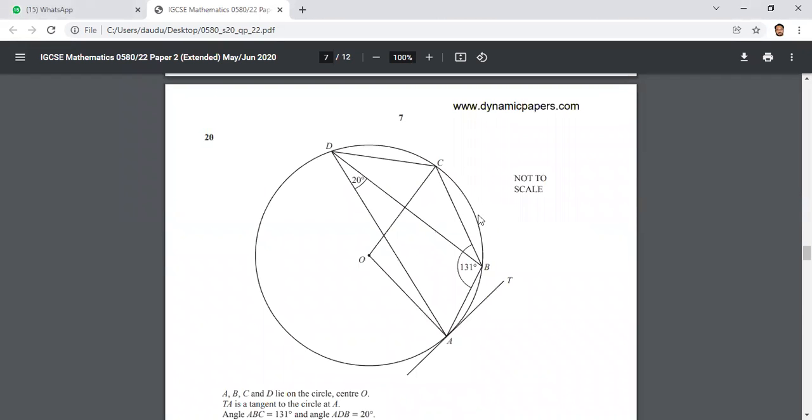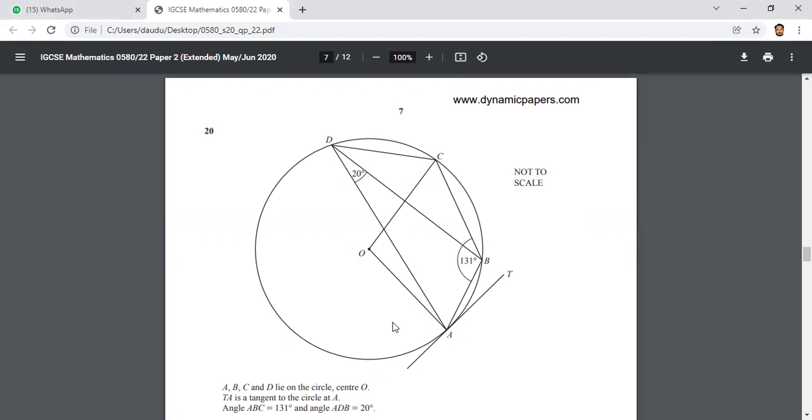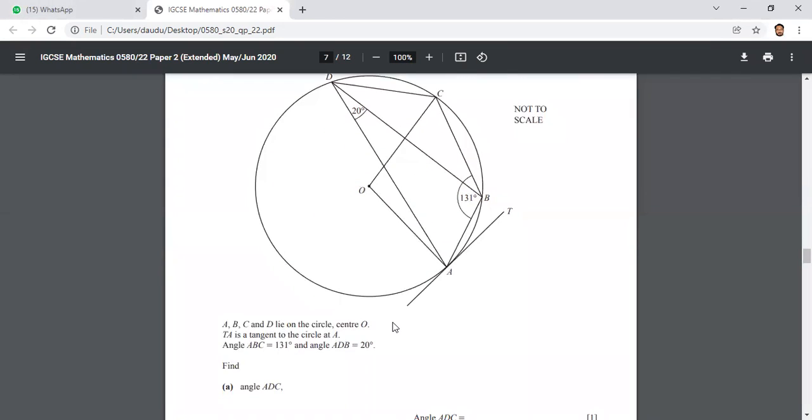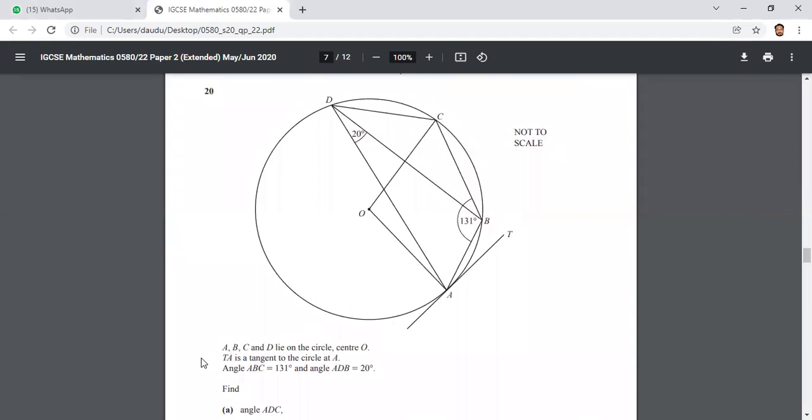Here, this question is related to circle properties. So there are different theorems that come here. We can see the alternate segment theorem as well as the cyclic theorem, and we can check this angle, which is half of the angle subtended at the center of the circle. And if we read more about this, here A, B, C, D lie on the circle.